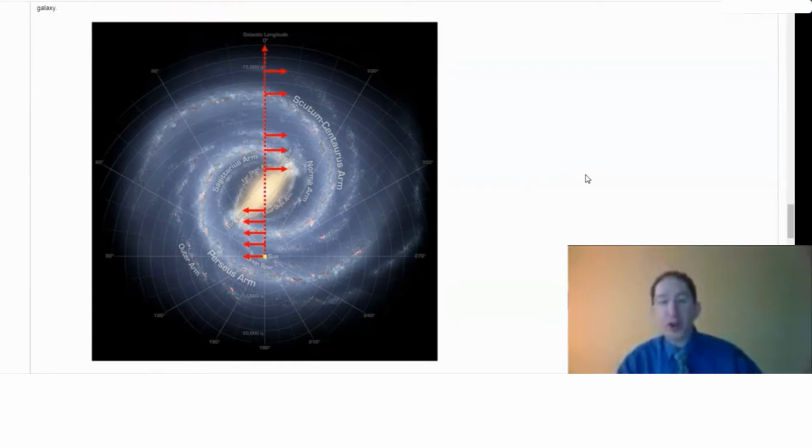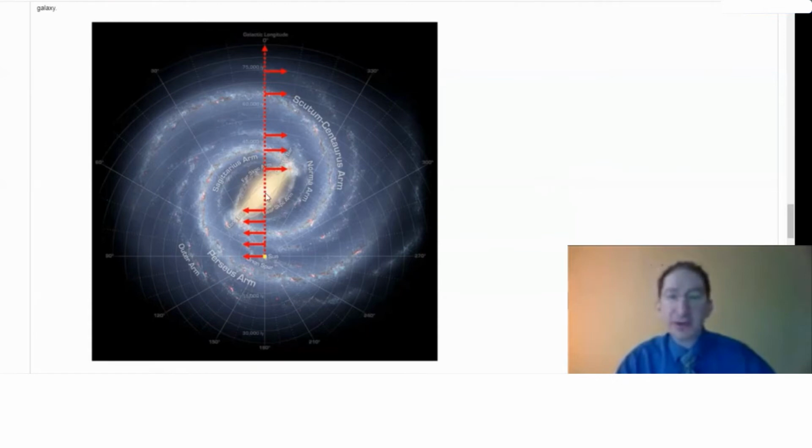This was reconstructed using the exact same types of radio spectra that you're going to acquire in this lab. It's accurate to maybe the 10 to 20% level, but certainly good enough for us to visualize what these lines of sight look like and what the spectra that we will acquire should look like.